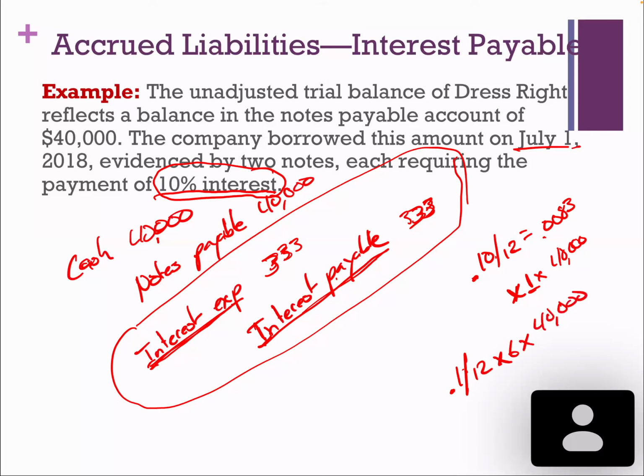This is if it were done after 6 months. And obviously that would be $2,000 of interest that we would need to record as the interest expense. So make sure you can do it for multiple months. That's what the test ends up having you do.